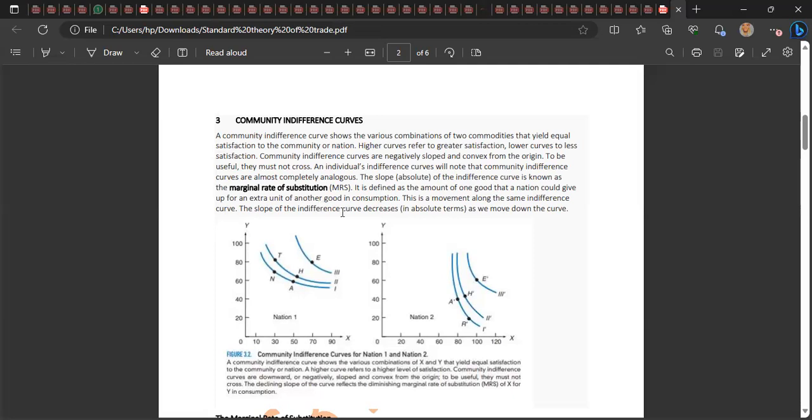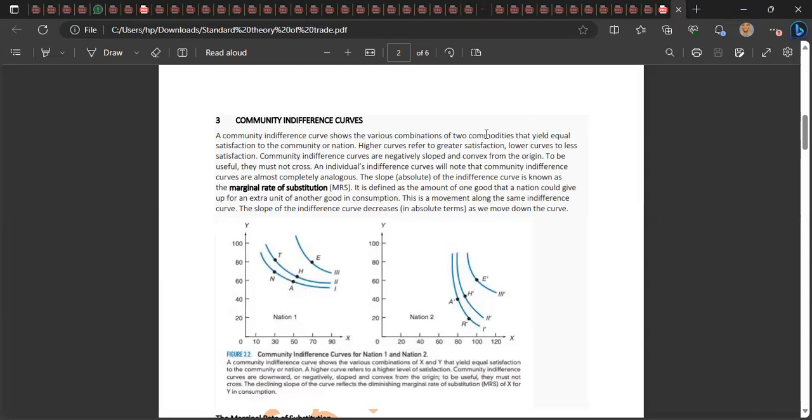One of the characteristics is that as you move along the same indifference curve, satisfaction is the same. It's called an indifference curve because you're generally indifferent: you can give up one thing for another and still remain just as satisfied.